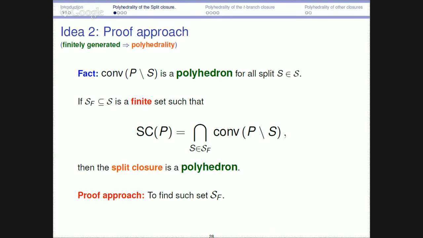Since all these sets are polyhedra, you will prove that the split closure is also a polyhedron. So our goal in these proof techniques is to find this finite set of splits that gives you the split closure.